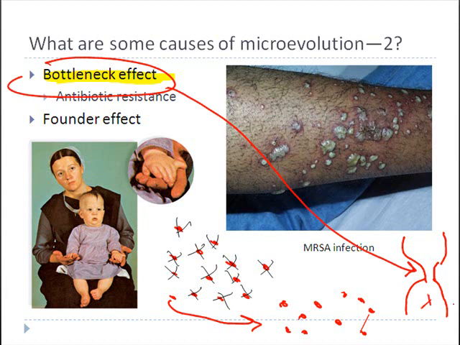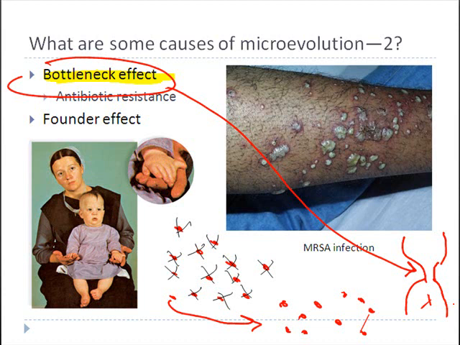A great example of this are cheetahs. You all know of cheetahs in Africa. Cheetahs in Africa have gone through a bottleneck within the last few centuries, and as a result, only a handful of members populated the current populations we have now. And because of that, all the cheetahs in existence today are extremely genetically similar to one another.